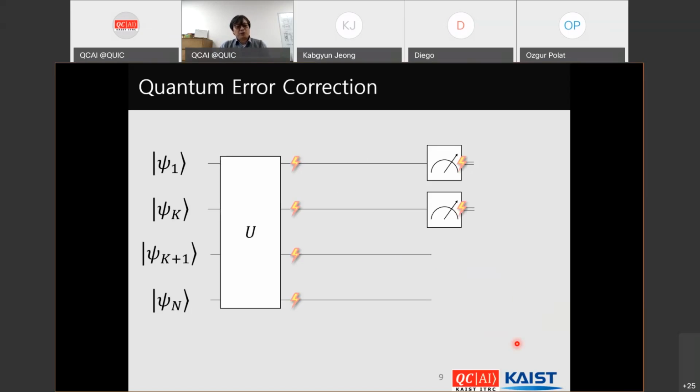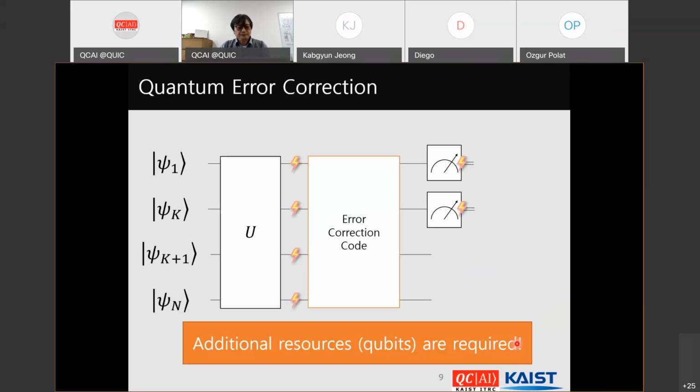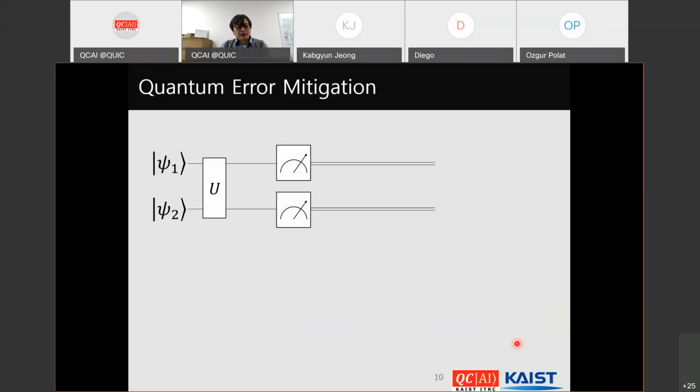This requires more quantum resource, which is expensive, and also the correction algorithm becomes very complex. However, with error mitigation, we just run the original circuit as is, and then error mitigation is applied in the classical domain.